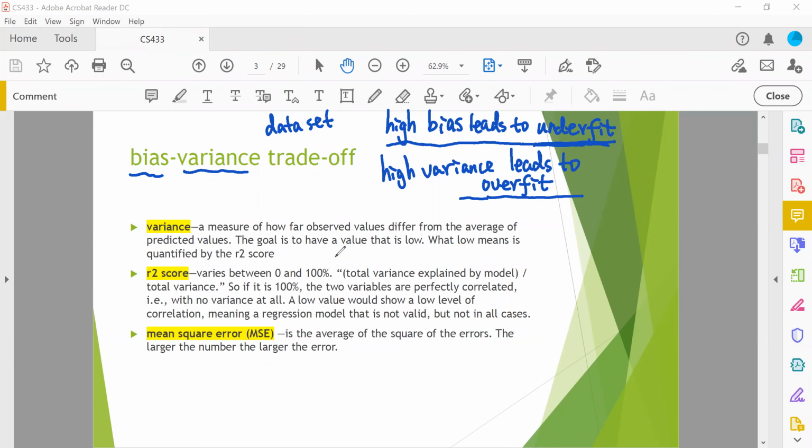And what is variance? Variance is a measure of how far your observed values, one of the samples, differ from the average, the mean of the predicted values. So higher variance means spread out too much. You remember?